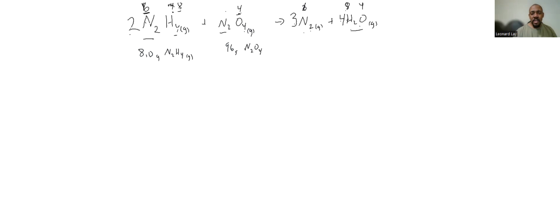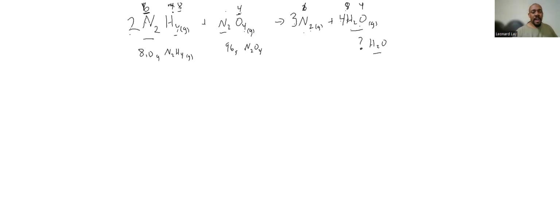And the question is, how much water can we produce? So what's the maximum amount of water? Meaning that as much of this reaction happens as can happen. And if as much of this reaction happens as can happen, then we'll get the maximum amount of water.